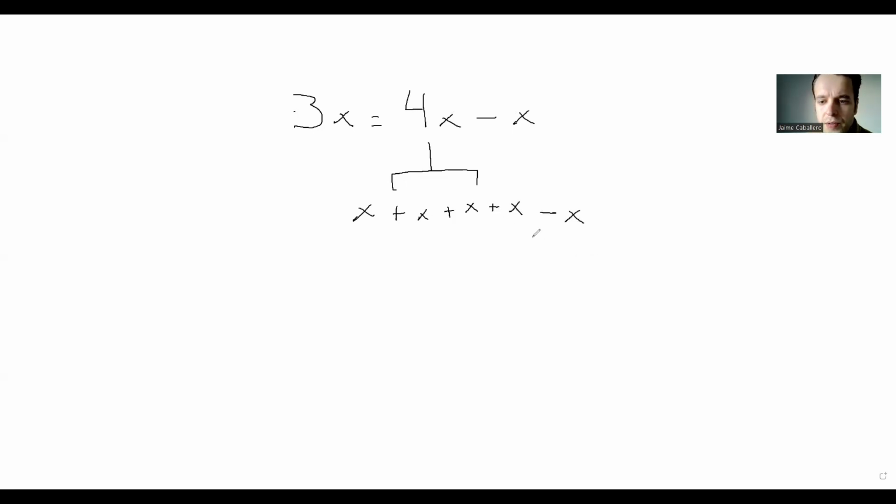So I'm going to focus now on this part of the line. What is x minus x? What is a number subtracted from itself? No matter what number you think of, that's going to be 0. So we say we cancel those x's out. We can forget about them because they're 0.